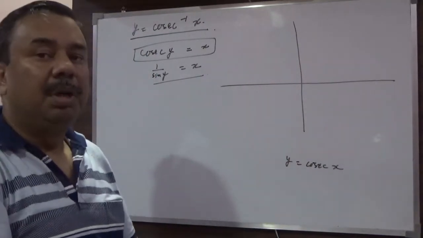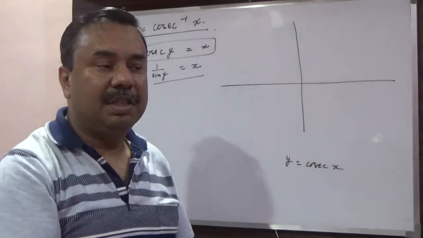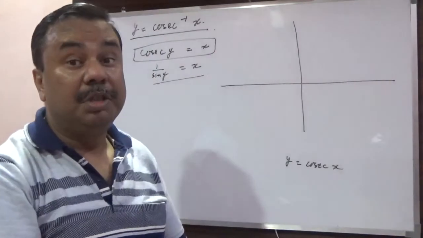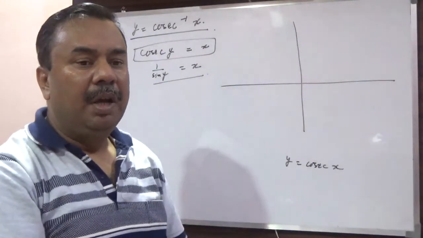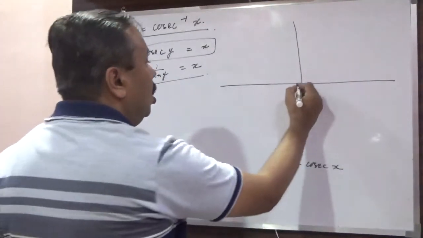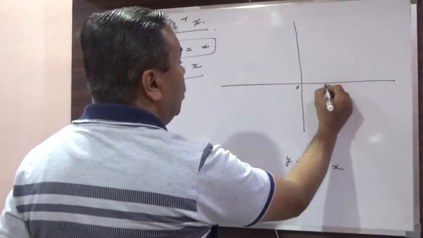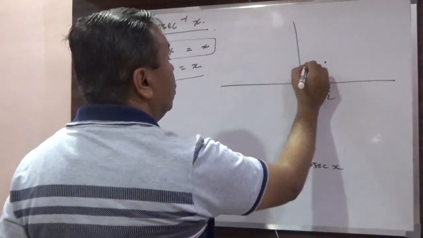Remember, what was the value of cosec x when x is equal to 0? It was infinite. When x was equal to pi by 2, it was equal to plus 1.